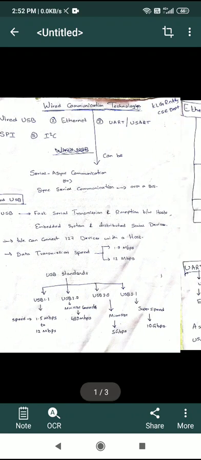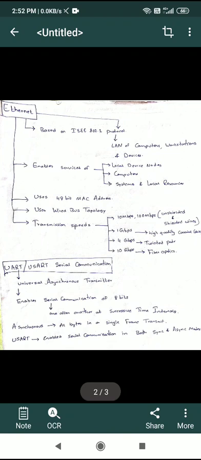And second, coming to Ethernet. What we connect in our colleges and buildings, the local area networks, is an Ethernet connection. Simply, it is a LAN, a local area network of computers, devices and workstations.